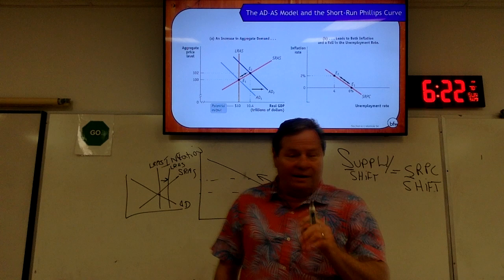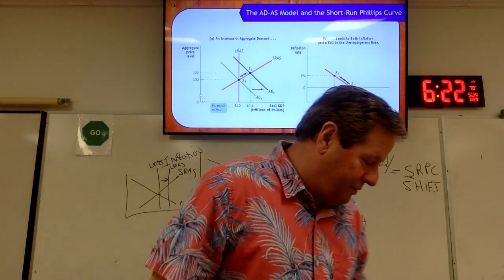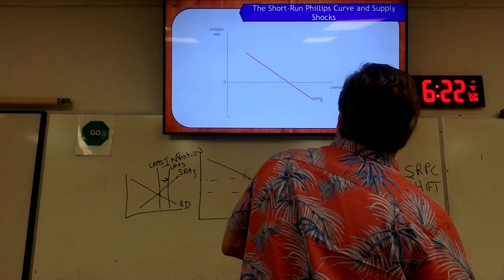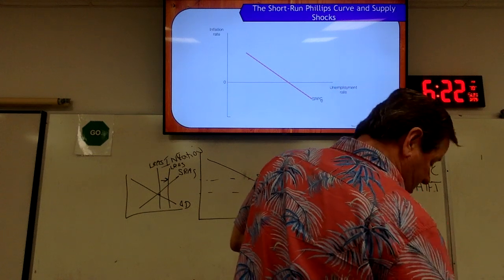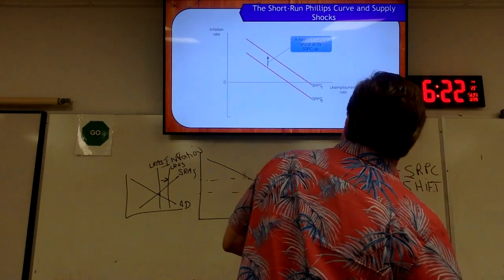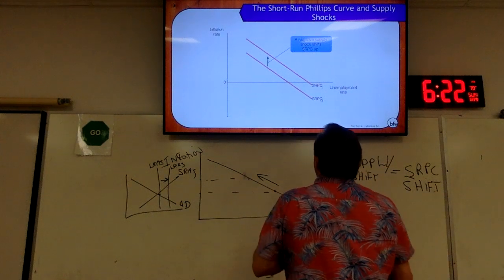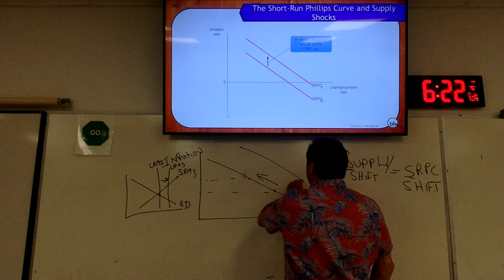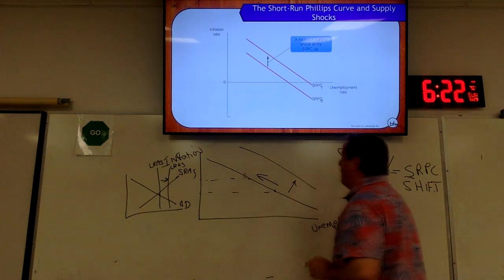Okay? But I want you to understand something, and you'll see it in just a minute. Let me show you that if there's a shock to the system, then it's going to cause a shift. So if something bad happens, a negative supply shock, it will move the whole thing up.